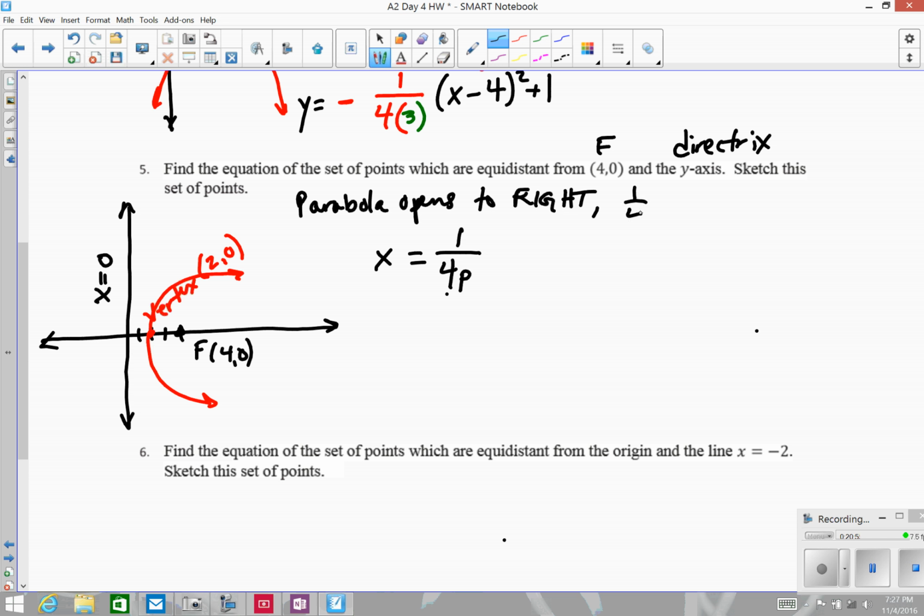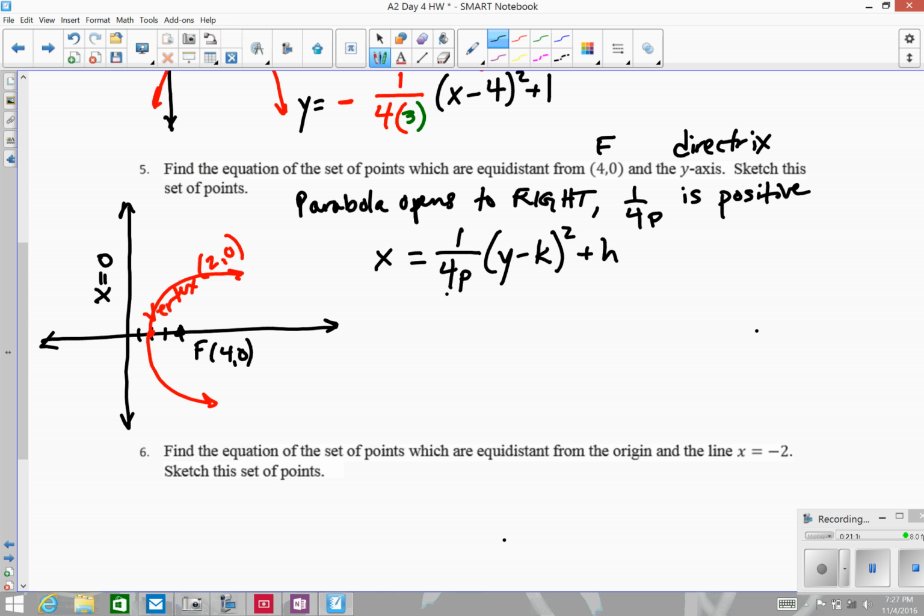So I'm going to write over here, opens to the right, 1 over 4p is positive. And I switch my x and y values, and I switch my h and k values. So this formula becomes y minus k quantity squared plus h.